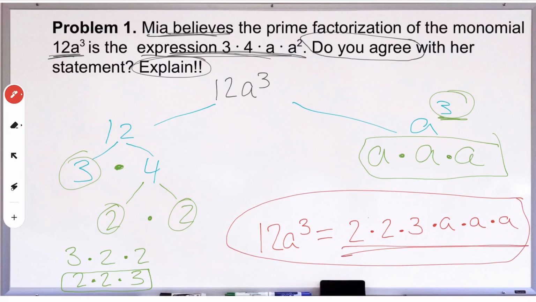This expression, 2 times 2 times 3 times a times a times a, is not equivalent to what Mia wrote. Therefore, I do not agree with Mia. Let me find somewhere I can write this.